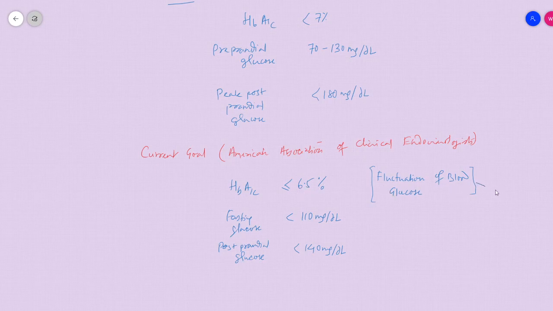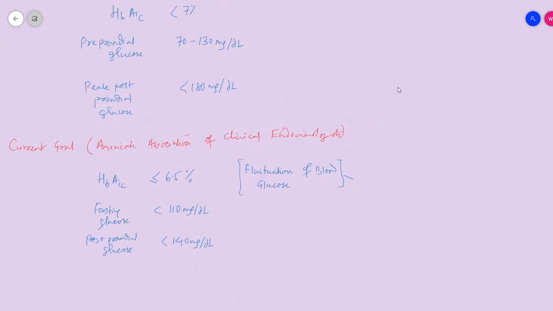And this fluctuation of blood glucose is called glucose excursion. Okay, so we need to reduce the glucose excursion, meaning the blood glucose should be continuously maintained at a constant level. So how can a patient do that?